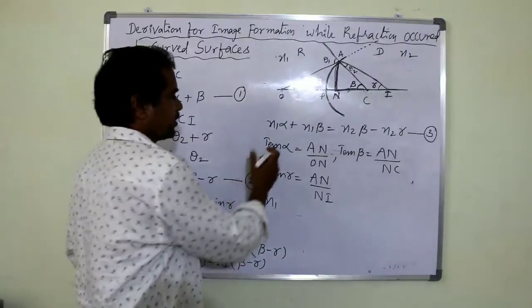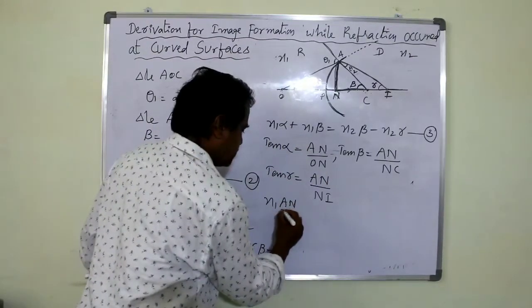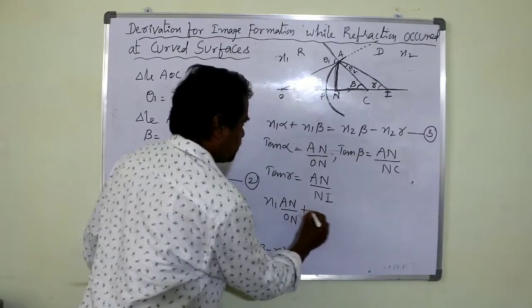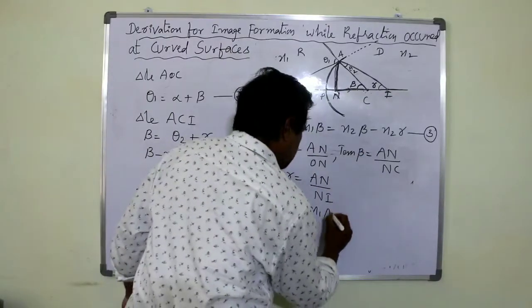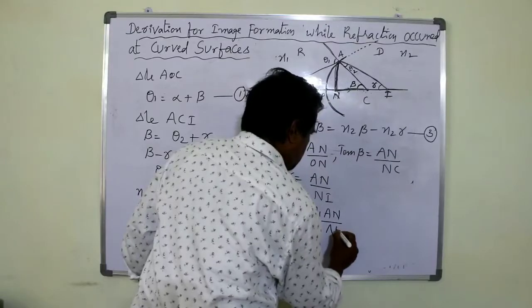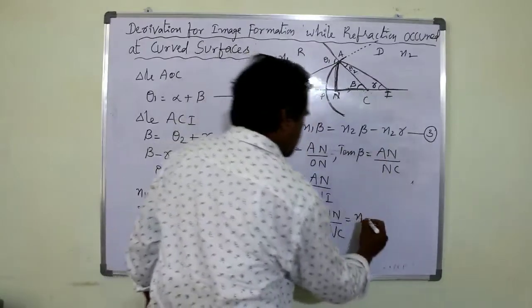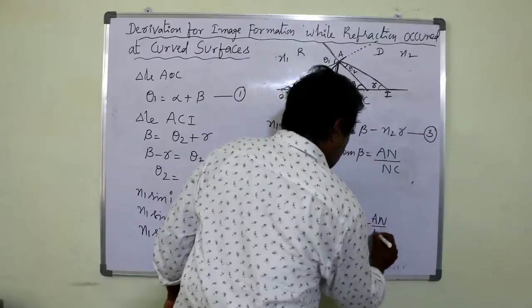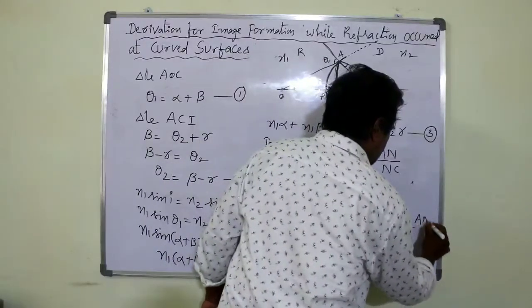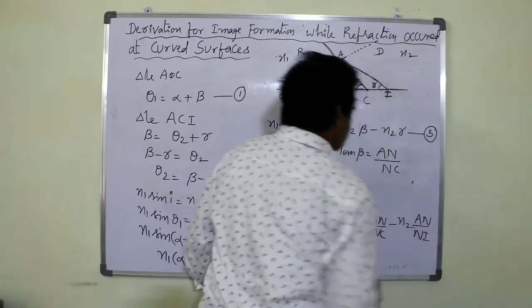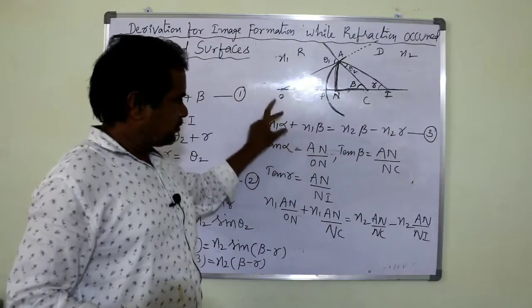In the place of tan alpha we can substitute N1 into AN by ON plus N1 into beta AN by NC is equal to N2 beta AN by NC minus N2 gamma AN by NI. So here we are substituting tan alpha is equal to AN by ON. We are substituting this value in the place of alpha.